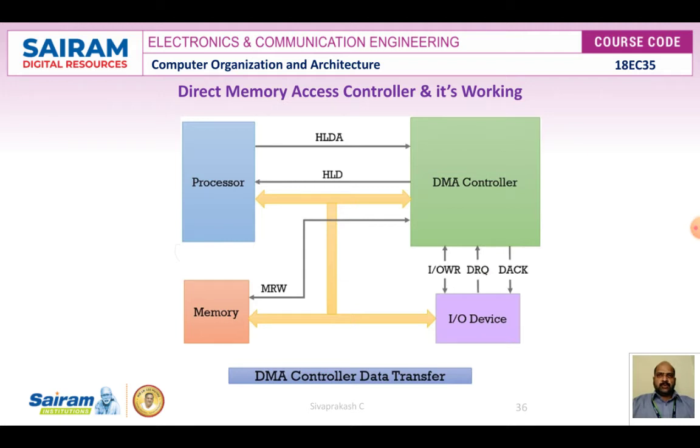The DMA controller accepts this DRQ and asks the CPU to hold for a few clock cycles by sending a HLD signal, that is, the hold request signal, to the processor. Then the CPU acknowledges the hold request line from the DMA controller.